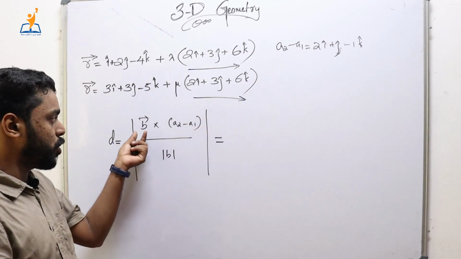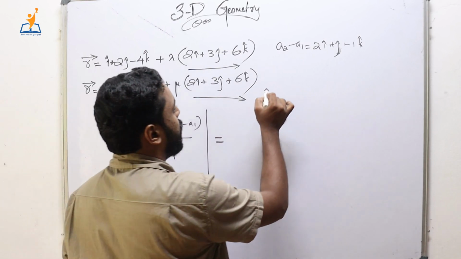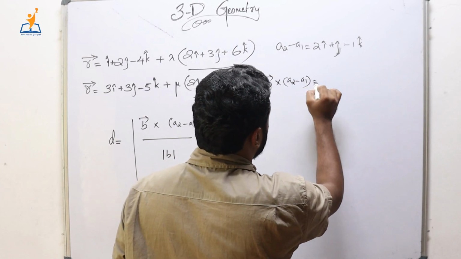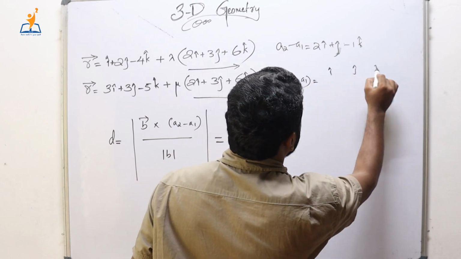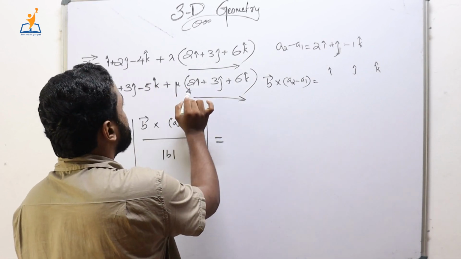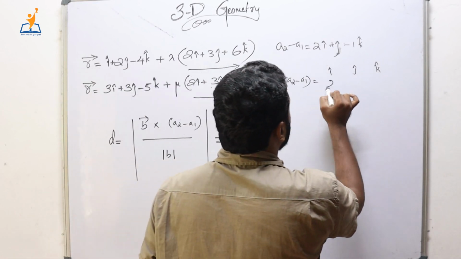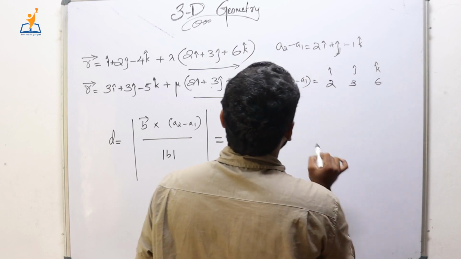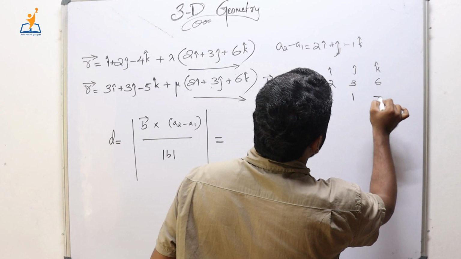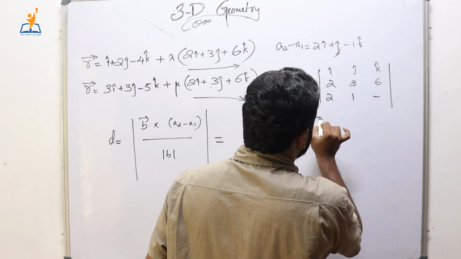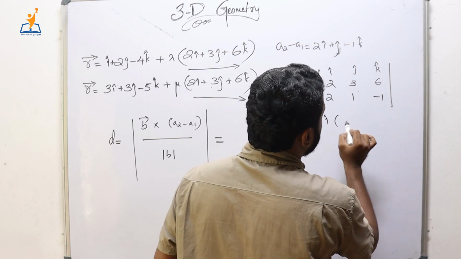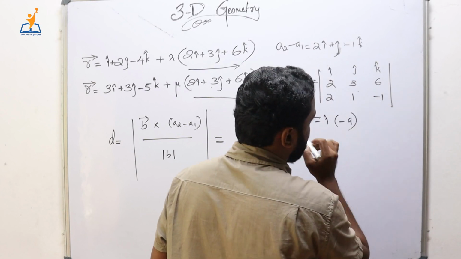Now we should find b cross a2 minus a1. So b cross a2 minus a1 is equal to the determinant i j k, then the components of b, which are 2, 3, 6, and the components of a2 minus a1, which are 2, 1, minus 1. So the determinant is equal to i into minus 3 minus 6, which is minus 9, right?